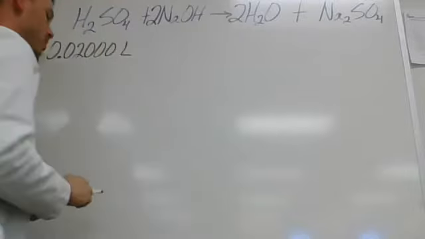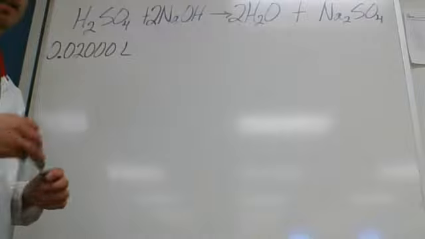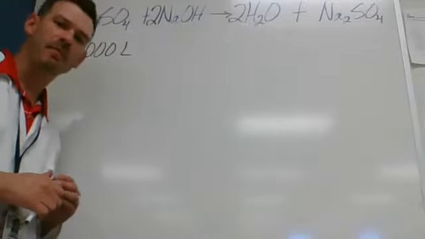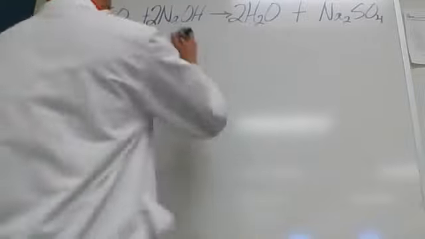So 20 milliliters is 0.02 liters. The other values in the problem are describing the base, and we've got 18.5 mils converted to liters.